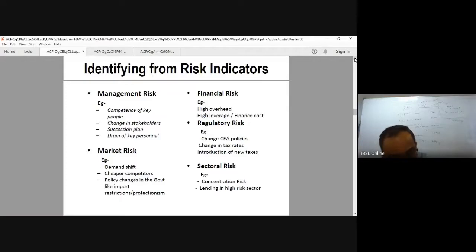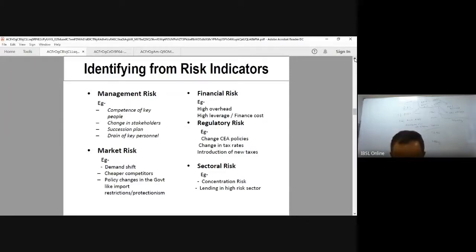Because of these restrictions, the people who are importing and trading in tiles are going out of business, right? So that is the market risk. Those are indicators.